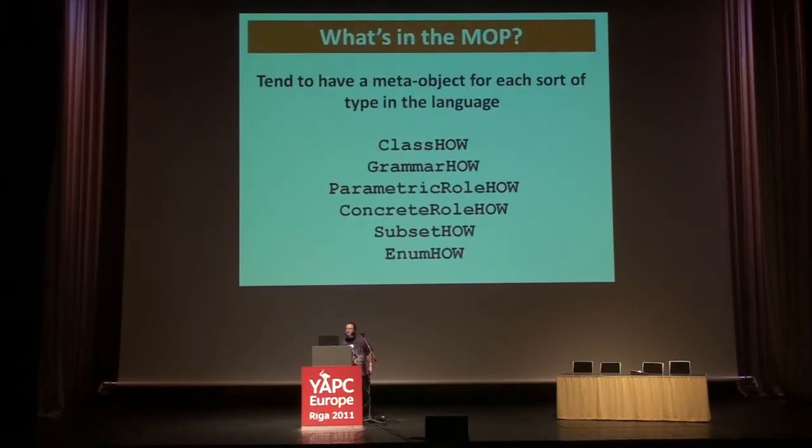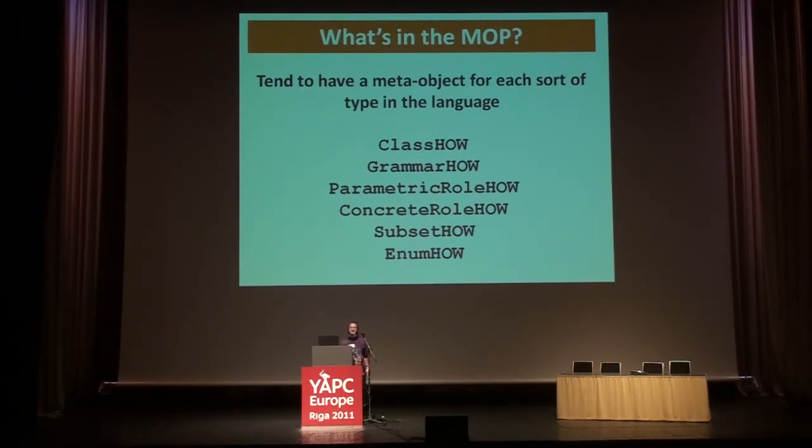So the way this looks in the Rakudo one, built on top of 6 model, is that we have these various things that all end in how. Now if you've done a lot of Perl 6, or even a little bit, you might have come across this .how macro. This is the macro that gives you the meta object, and when you do it, you go off and introspect and so forth. But we have one of these for each type of package or meta thing that we have in existence.